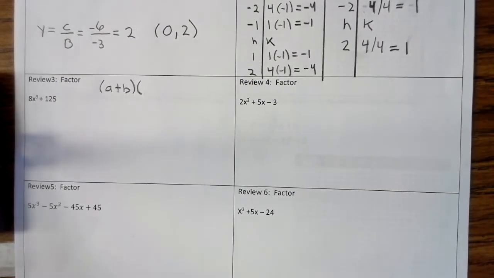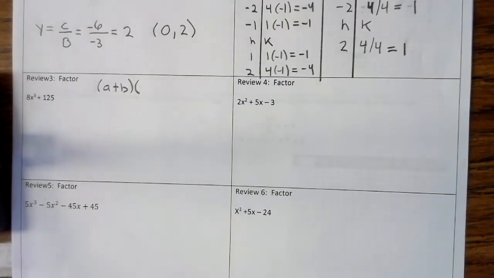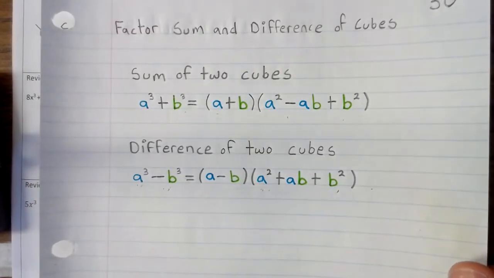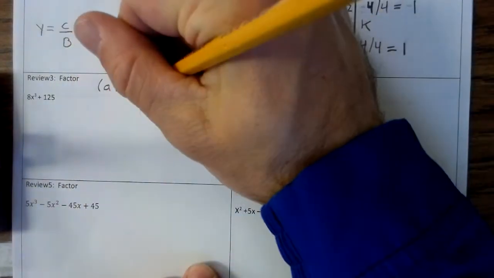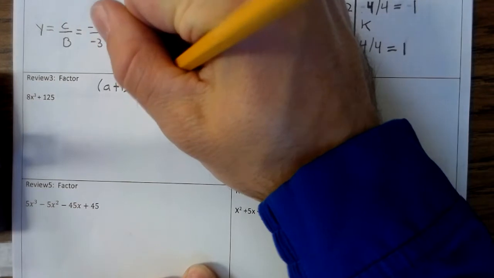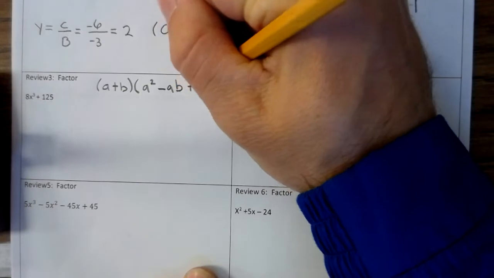So here it is. So we know we're doing the sum of cubes, so there's our form right there. Okay, so A plus B times A squared minus AB plus B squared.